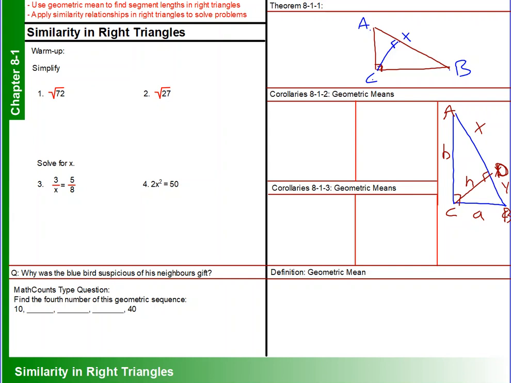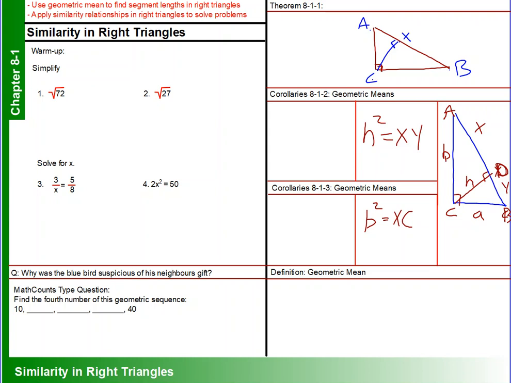So the first thing that I'm going to point out for a geometric mean is h squared. That is the length or the height of the triangle squared is going to be equal to x times y. Now there are two other relationships that we do need to talk about, and it's kind of similar to the actual geometric mean in 8-12. b squared is going to be equal to x times, I believe it is c, yes, c.